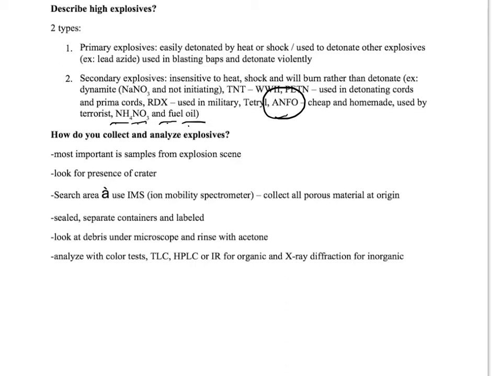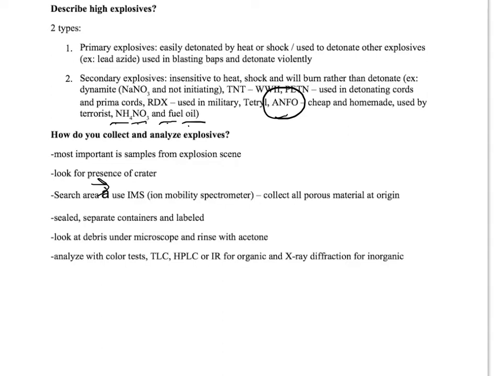Okay, collecting and analyzing explosives. The most important samples are obviously from the explosion scene, and you want to look for the presence of that crater, and you want to collect that ash and soot from that crater. You want to search the area using an IMS, an ion mobility spectrometer.